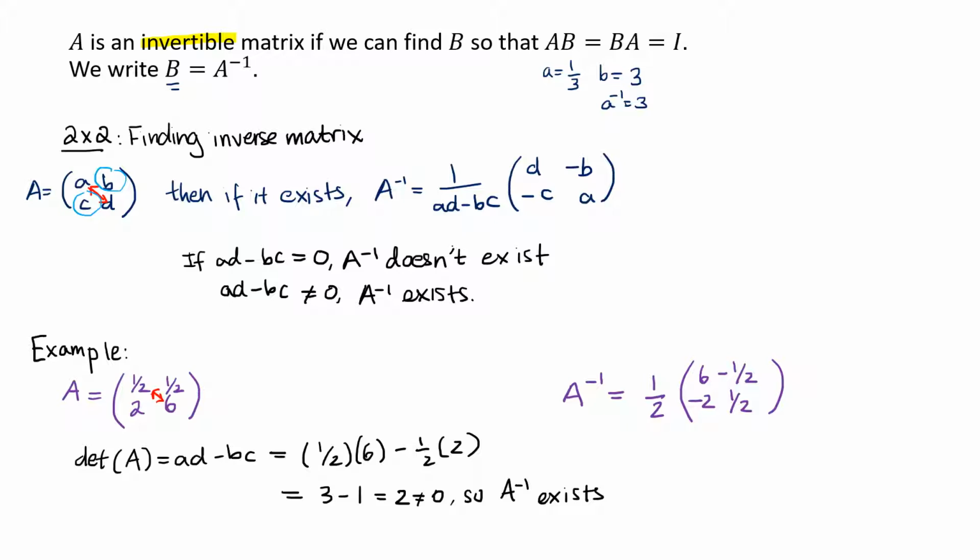And it's a little bit tidier to read sometimes if we multiply in. Let's do that here. So each element gets multiplied by 1/2. So we have 3, negative 1/4, negative 1, and 1/4. And this is our inverse matrix. We can check just by multiplying A and A inverse. Let's try that out in the next slide.